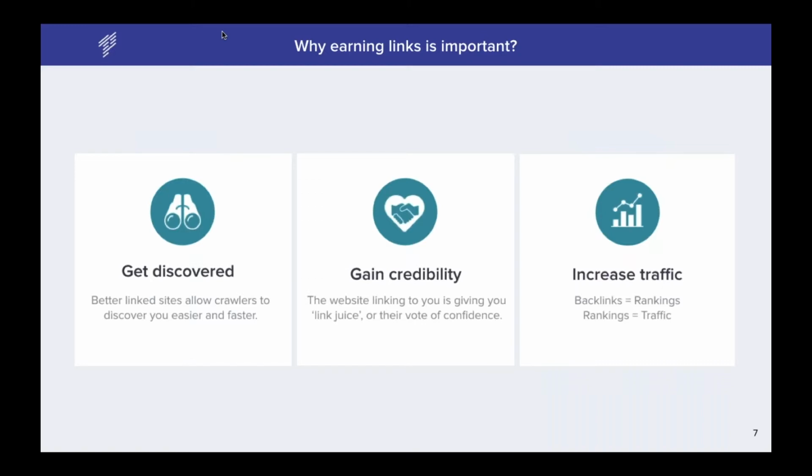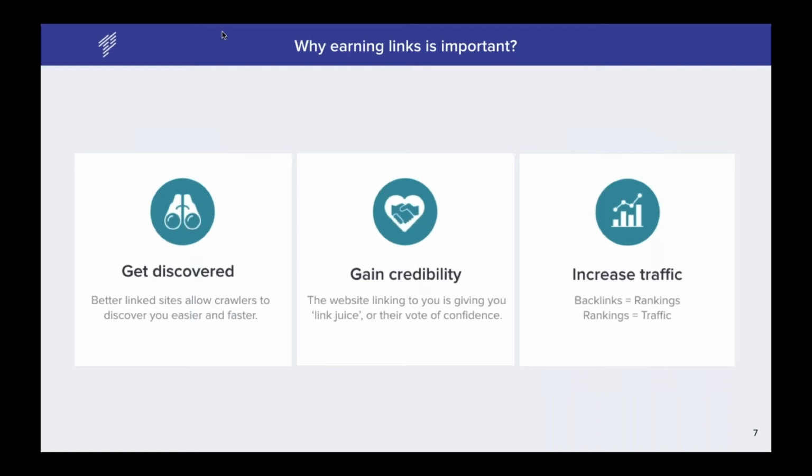There are several reasons. First of all, it's just easier for you to get discovered if your website is better linked. It's better for people to find you, and of course for crawlers, because crawlers then find you more easily. Any type of backlinks provider first crawls the website that is most linked, and they start their journey from that.